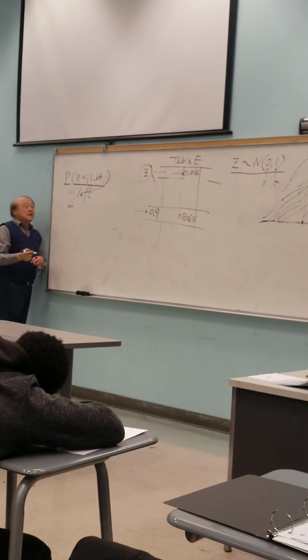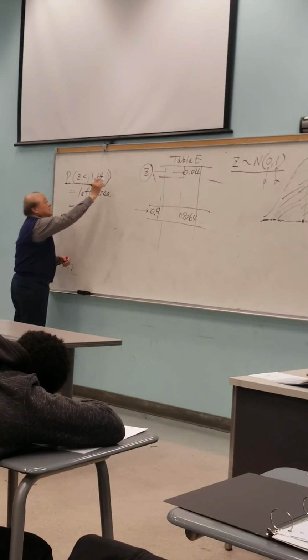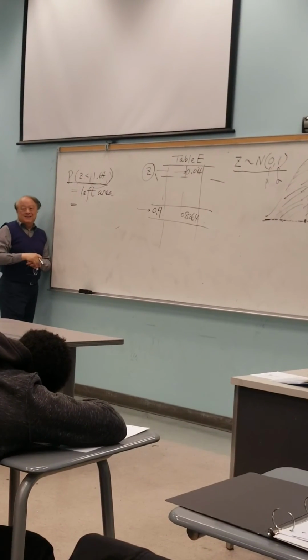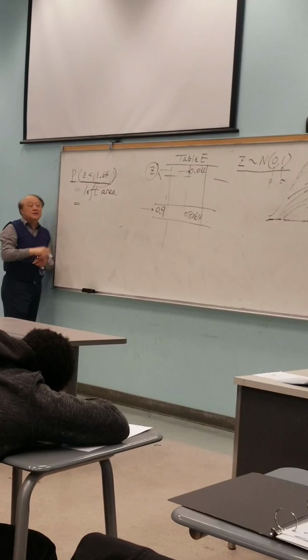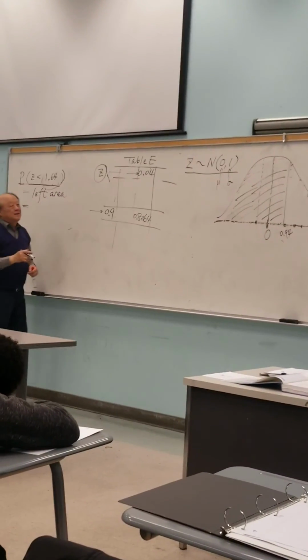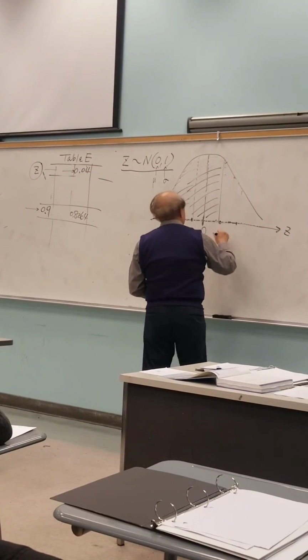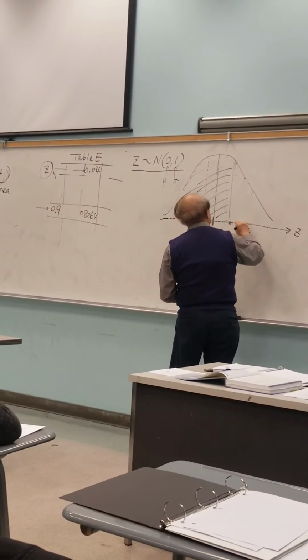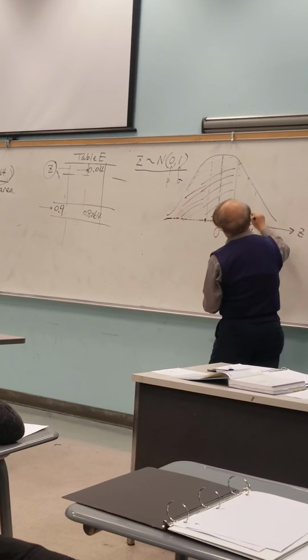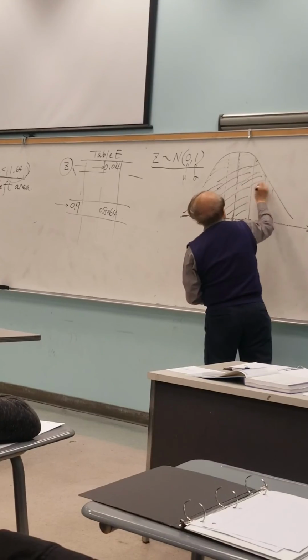Second, is this area greater than half or less than half? Greater than half. How do you know that from the graph? 1.64 is here, right? And on this side. You want to find the left area, it must be more than half.